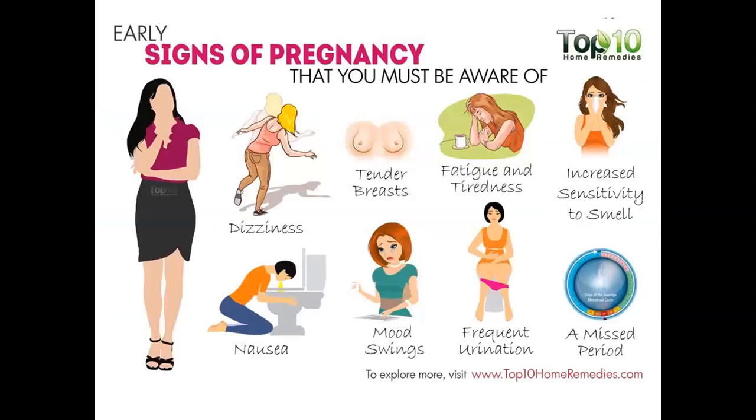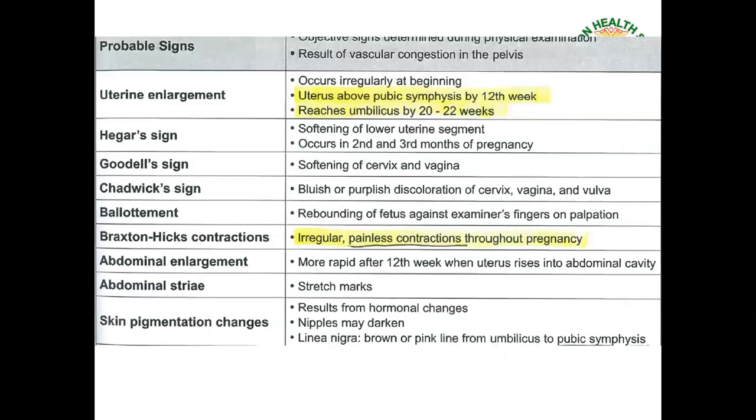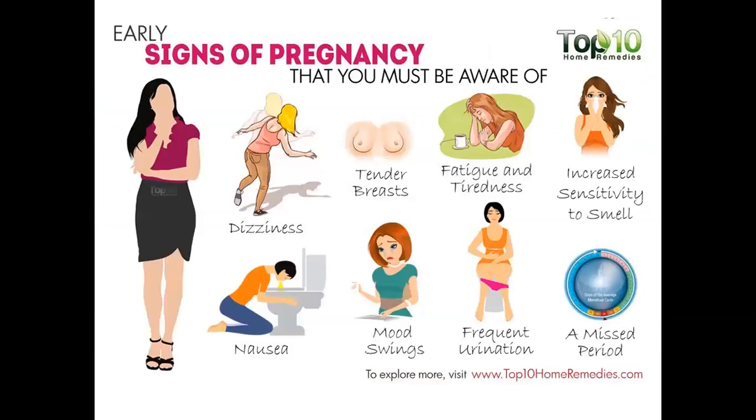What else? Here the picture shows the signs of pregnancy, and a picture can talk, right? The mother can feel early dizziness or nausea and vomiting, tenderness in the breasts, heaviness or fullness, and is easily fatigued and tired, right?